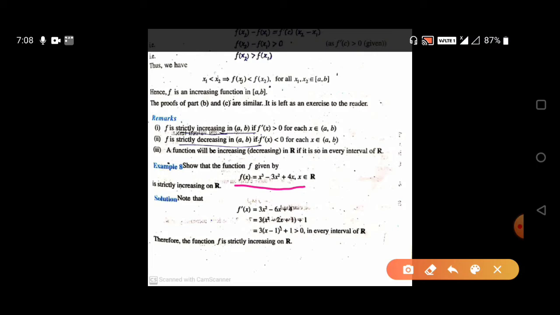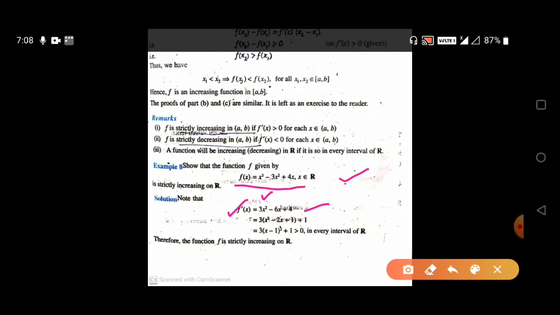So first of all we have to find f'(x). If we find f'(x), then we have to find the derivative of f(x) with respect to x. So x³ will become 3x², −3x² will become −6x, and from 4x we will get 4.